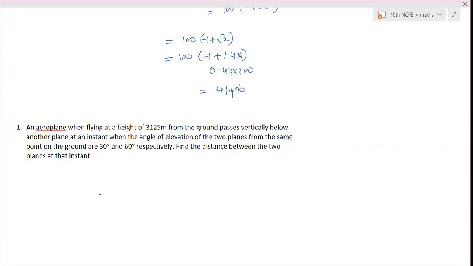Then how did you solve it in the exam? I don't need the answer. I need the steps. Then how did you solve it in the exam? At the time of the exam.